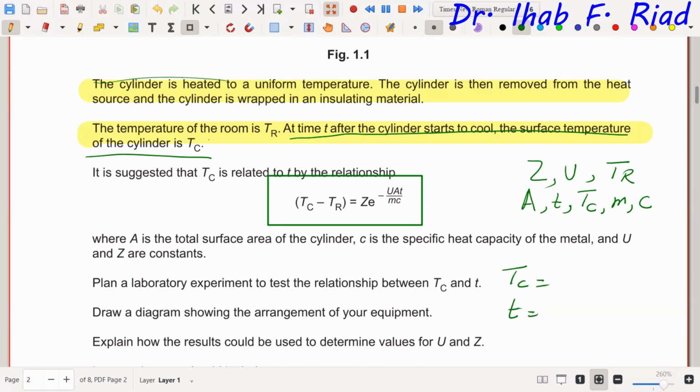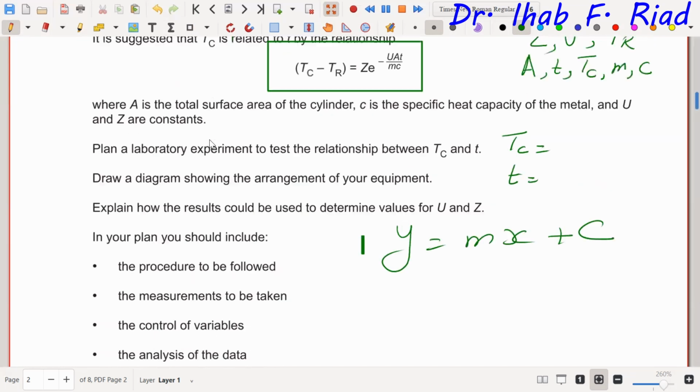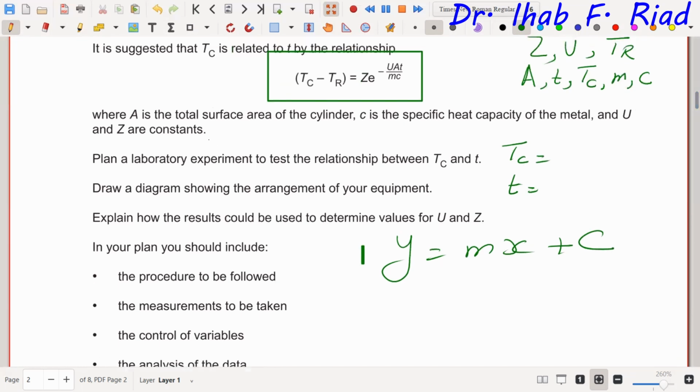So we have everything. I would like you to show me how we are going to change it into that of a straight line. Remember, y is equal to mx plus c, right? Yes. And if it is exponential, what do you think we need to do?